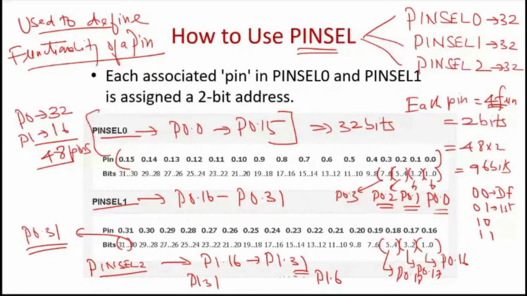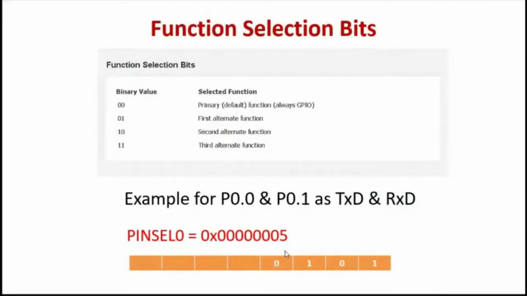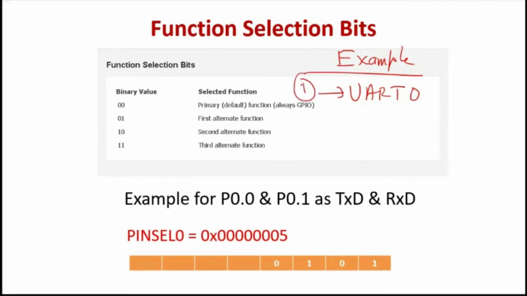So what exactly do you have to do? I will put the discussion in a nutshell. Let us take a small example here. I want to use UART0. That is the first thing.